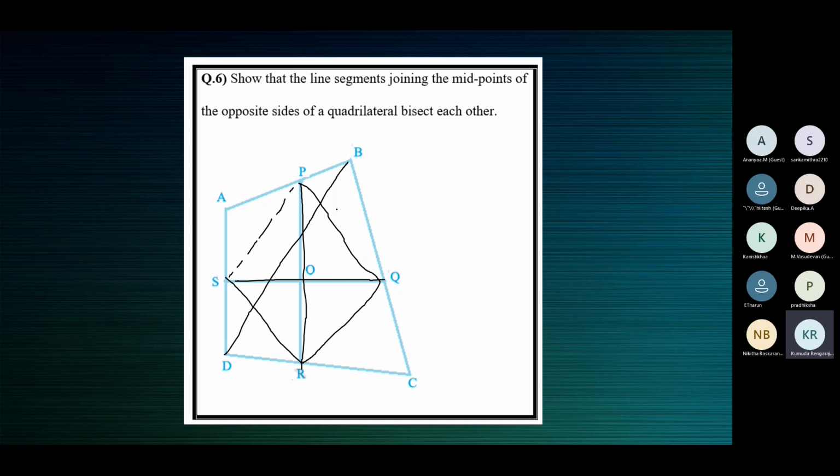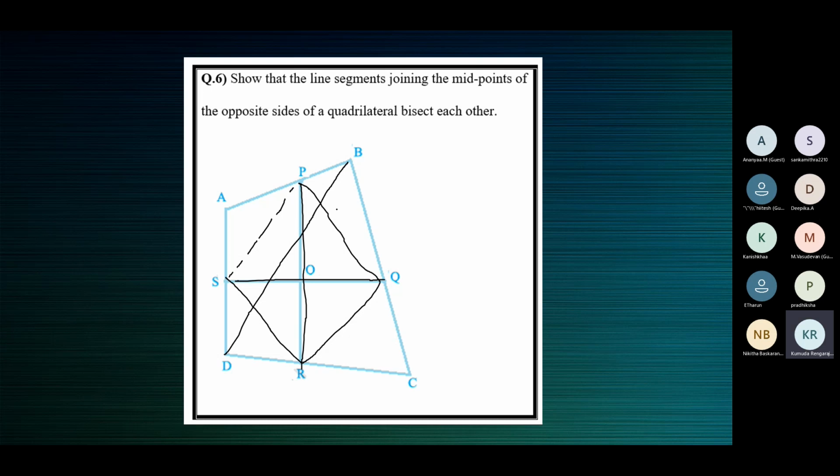Which is the other triangle, children, that we have to take up and use the midpoint theorem? Take up the triangles on either side of the diagonal BD. You connected BD, right?